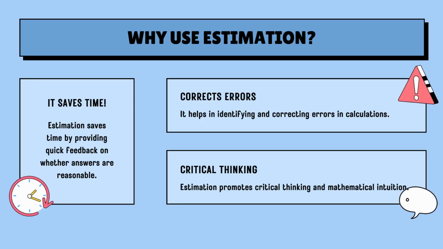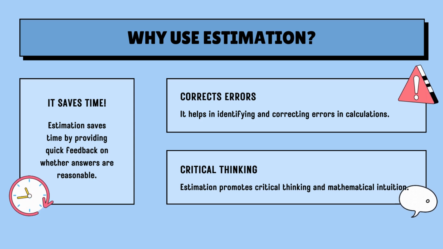Okay, why do we use estimation? It saves time. Estimation saves time by providing quick feedback on whether answers are reasonable. It corrects errors. It helps identify and correct errors in calculations. Critical thinking is also an important factor.